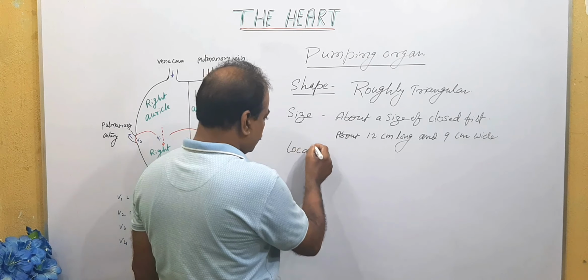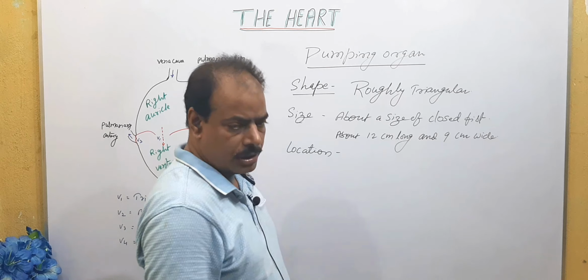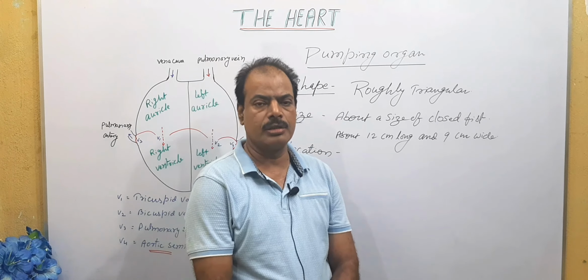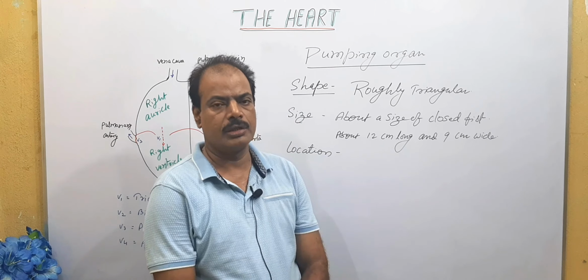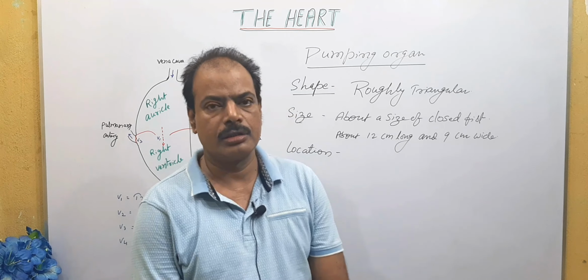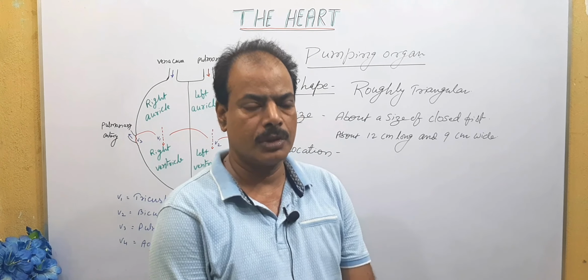Now the location. Actually, the human heart is located at the center of the chest cavity, but it is felt that it is located on the left side of our chest cavity.